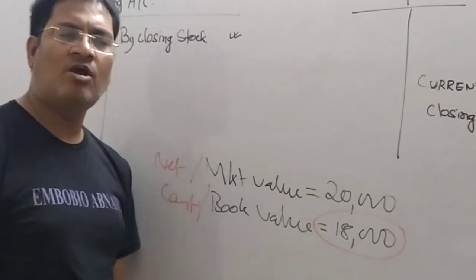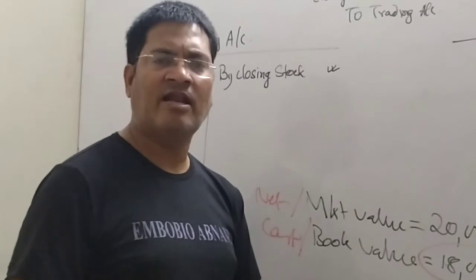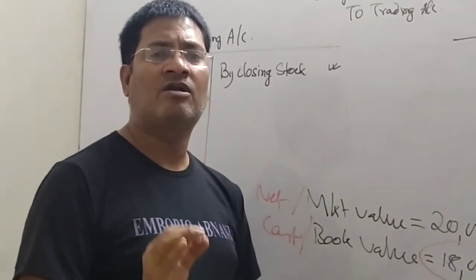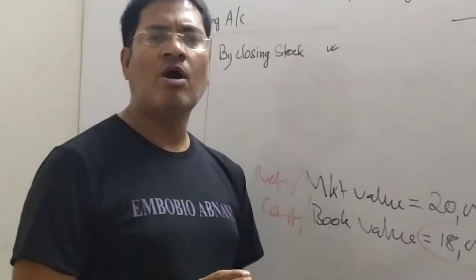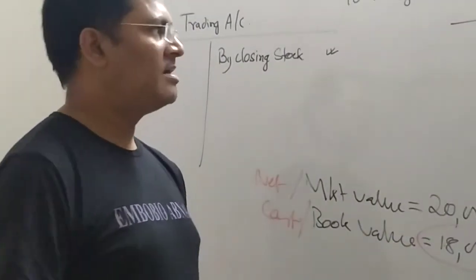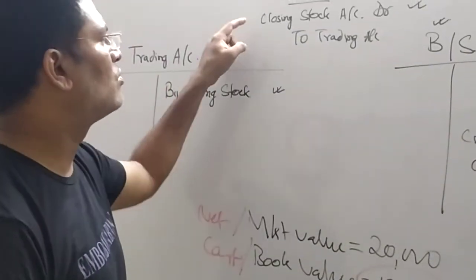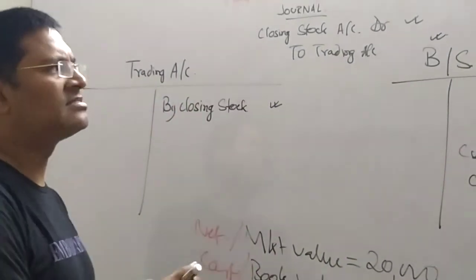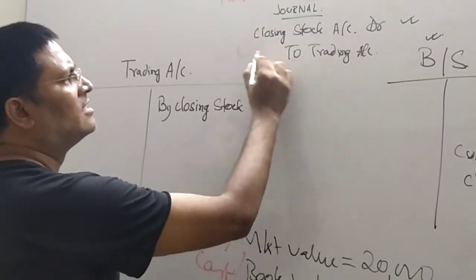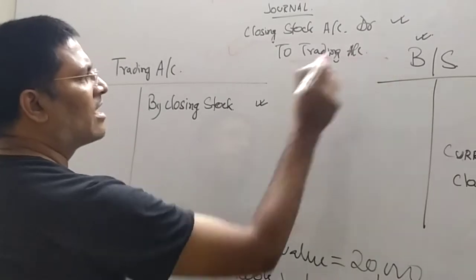What is the journal entry for closing the closing stock? Closing stock needs to be closed in the trading account in order to get the correct gross profit. The trading account will record opening stock, purchases and closing stock. That's why closing stock will be closed in the trading account. So the journal entry is closing stock account debit to trading account.